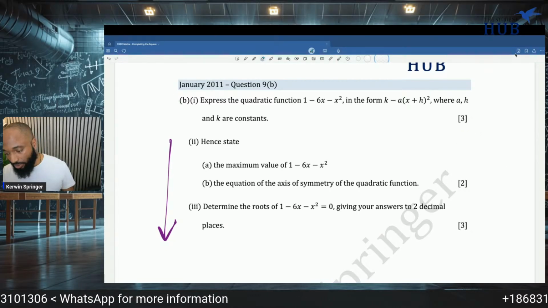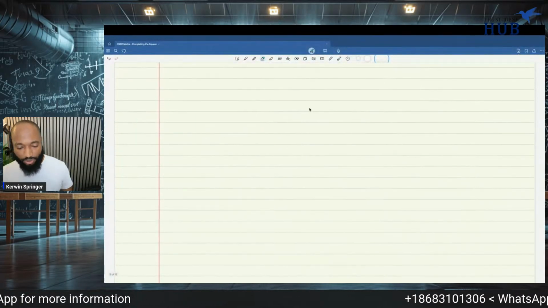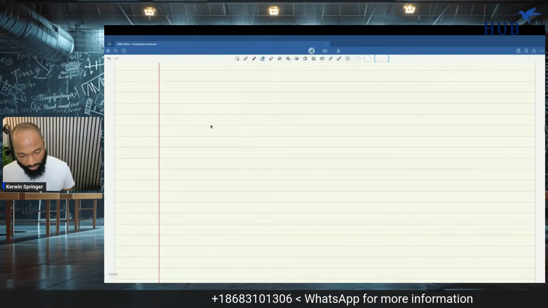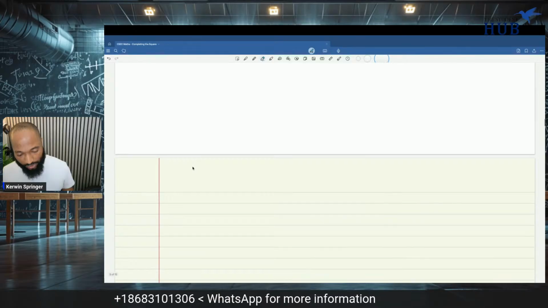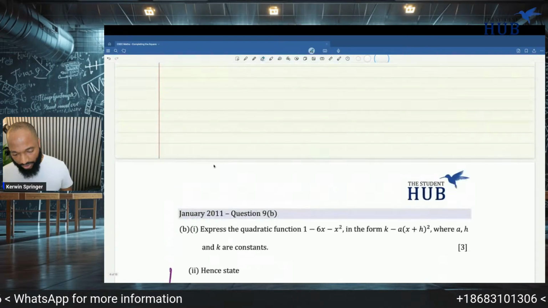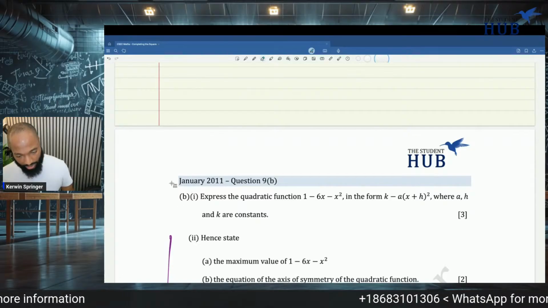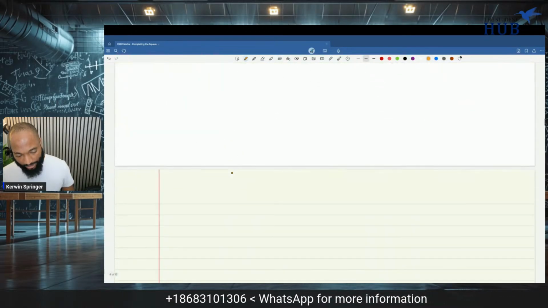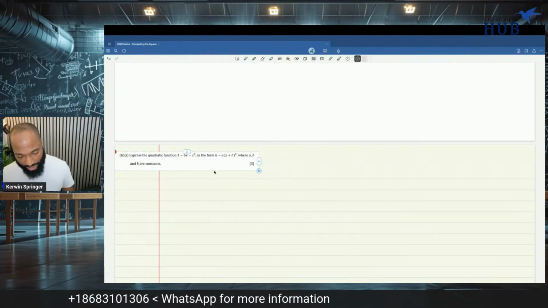Now, which method do you want me to do? Do you want me to approach it with the formula method or our normal perfect square method? Why can't I right click? All of a sudden I don't have the option to right click. Oh, I know why. Which one of the methods do you want me to approach this with, class?